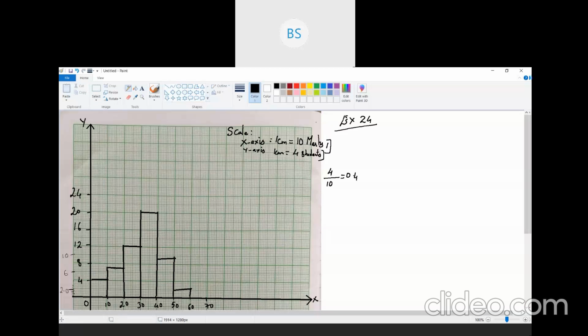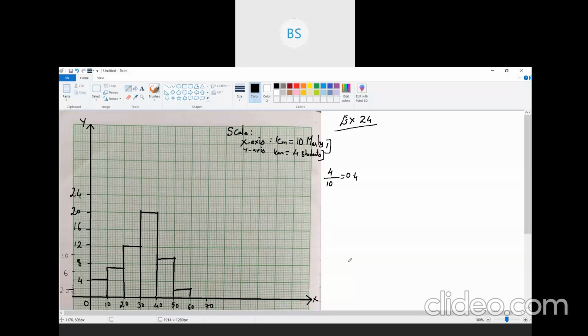Whenever the class intervals are not continuous, we have to first make the class intervals continuous.